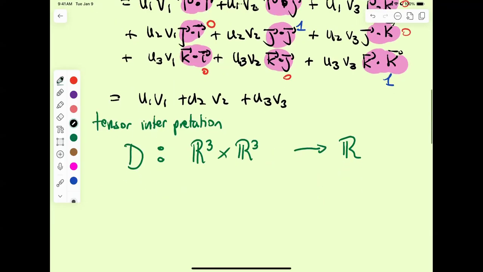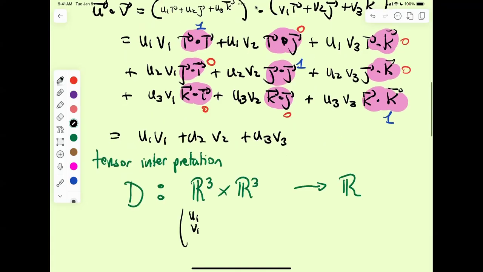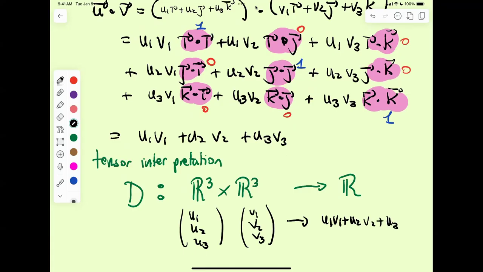It gives you u1 v1 plus u2 v2 plus u3 v3. So from this perspective, there's a map, the dot product, where the input is two vectors and it spits out a number.